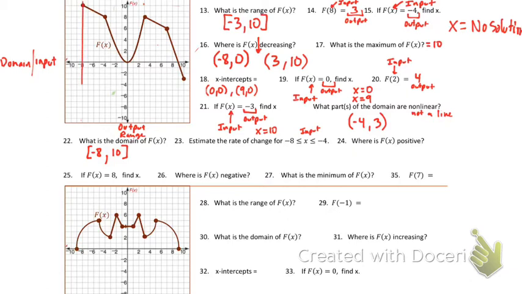So here's -8, -4. So when they say rate of change, believe it or not, is a fancy word for slope. Okay, rise over run.